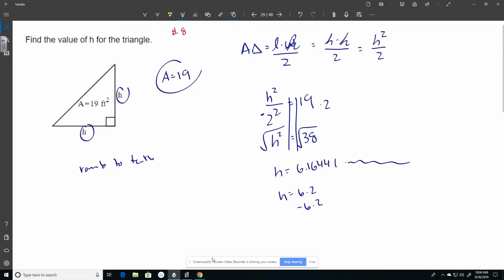However, technically, h could equal both of these, but h is a distance on a triangle, so that answer doesn't really make sense. All I care about is the positive answer because h can't be a negative distance. It wouldn't make sense to say the length of the triangle is negative 6.2. So we're only going to have one answer. h is 6.2 positive.